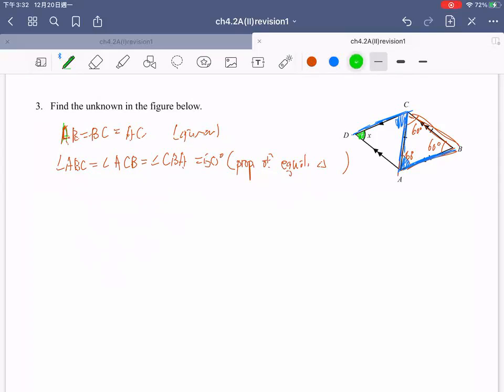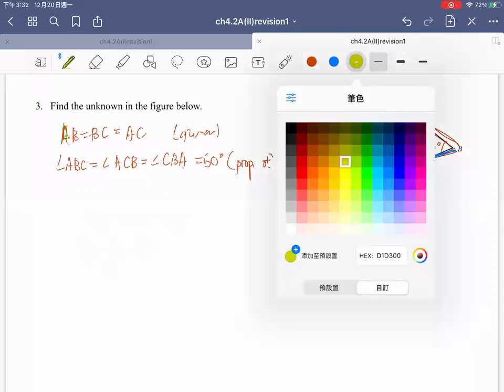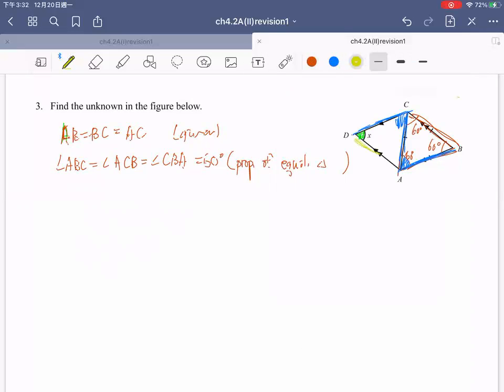And so does this. This one, right? So we can write angle DCA is 60 degrees. Reason: alternate angles, CD parallel AB.